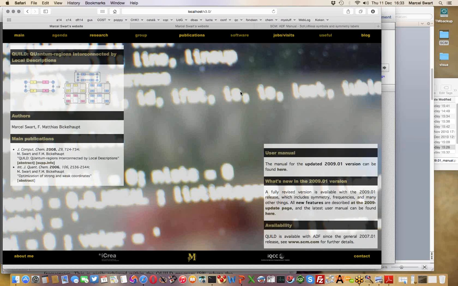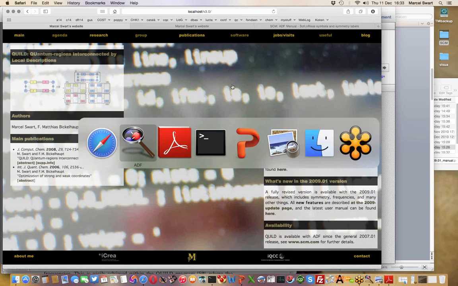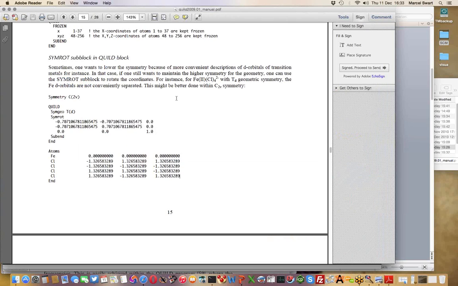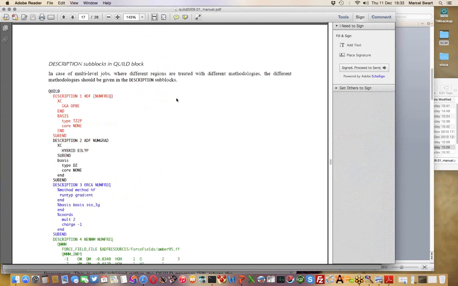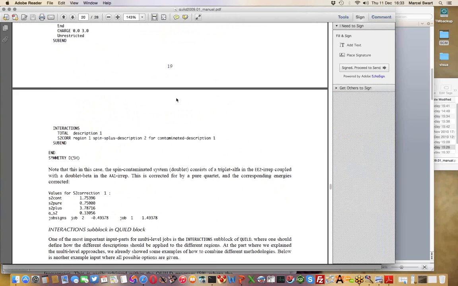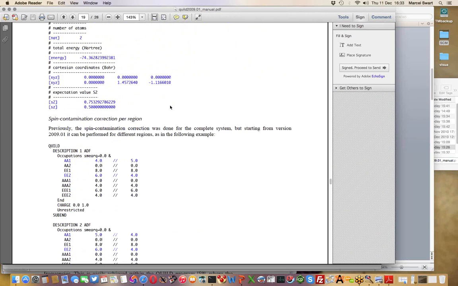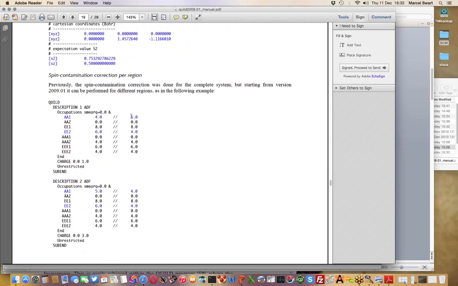Yes. In fact, you can do two things. I don't have the example here, but this is one example. In this case, we have a 4 and a 5. But if you had a 4 and a 6, for instance, you would move not one electron to the other side, but 2 electrons.